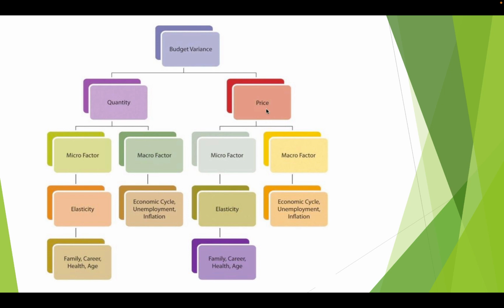And then same thing with price, there are micro and macro factors at play that can impact what's going on with price. And so, for example, with the macro factors, there have been supply issues in gas or fuel because of the geopolitical situation around the world, which caused prices to go up.